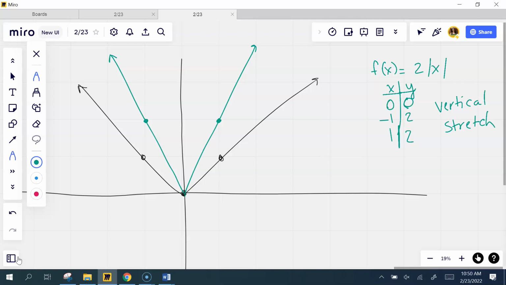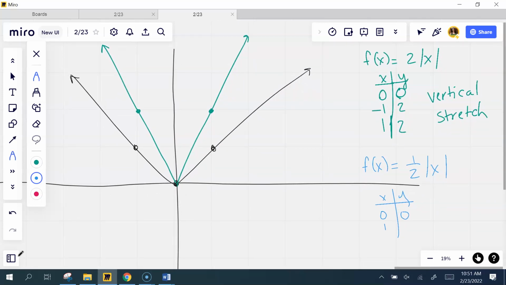How about number 6? Where's my vertex? Still (0, 0).